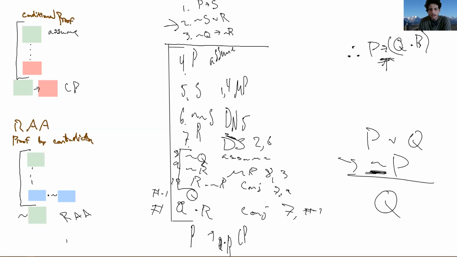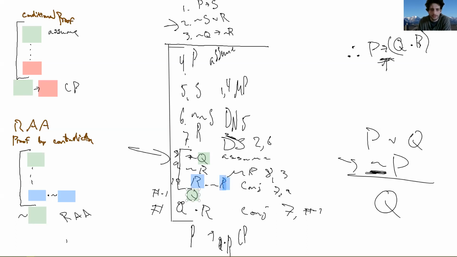And so the idea is, based on this assumption, based on line 8, based on you starting off believing not Q, I was able to show you that you in fact believed some contradiction, R and not R. And so because of that, you should turn around and say, okay, then Q is actually true.